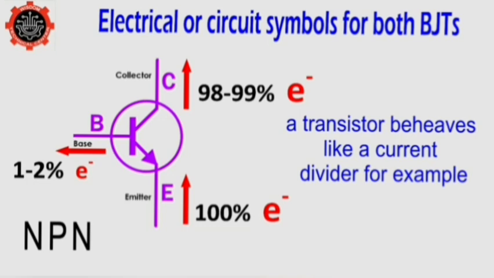Just roughly 98 to 99% is going to flow through the collector, and the remaining 1 to 2% left over is going to flow through the base of the transistor. So we can say a transistor is actually going to act like a current divider to a certain extent.